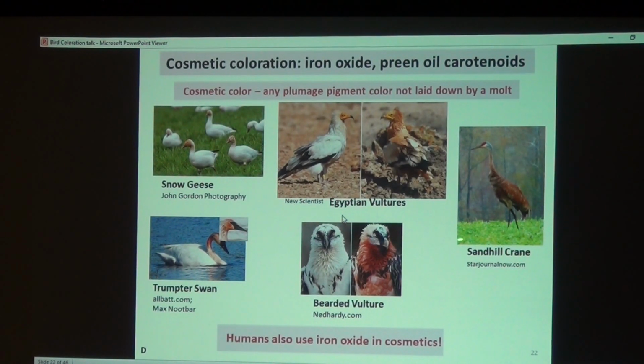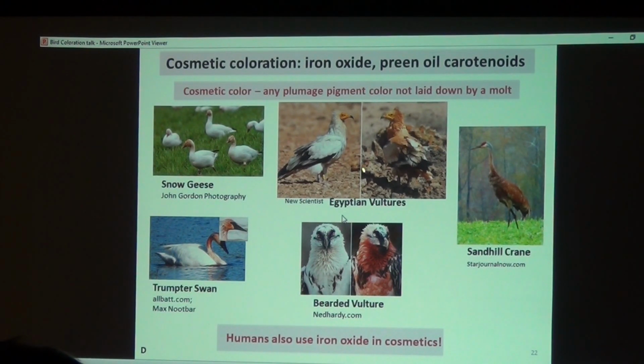And here are a couple of examples. These two vultures and the sandhill crane can be observed wallowing in mud that is rich in iron oxide. And they take on this coloration. People believe that this acts as some kind of signal, either to other males or to females.